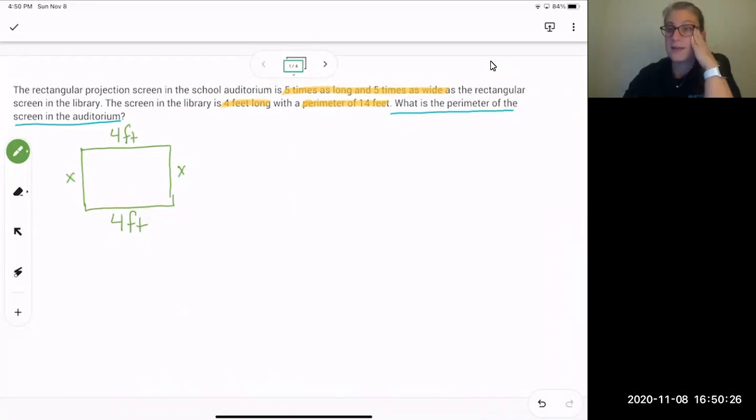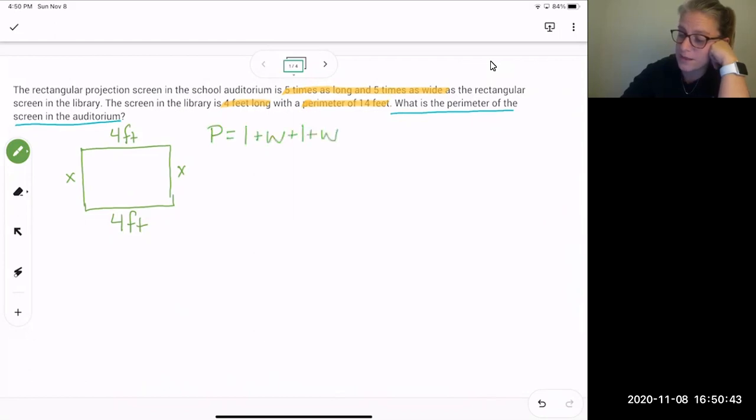Now, think back and recall what our equation for perimeter is. So we had 3 different equations. We had perimeter is equal to length plus width plus length plus width. So the perimeter is equal to all 4 sides added together.